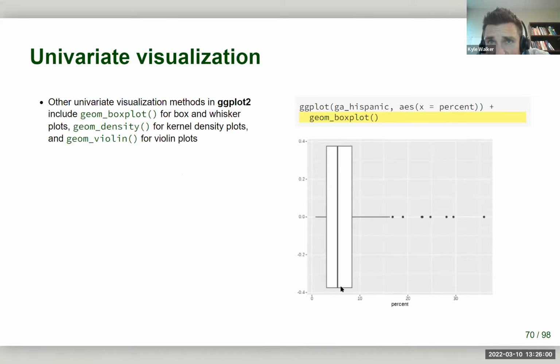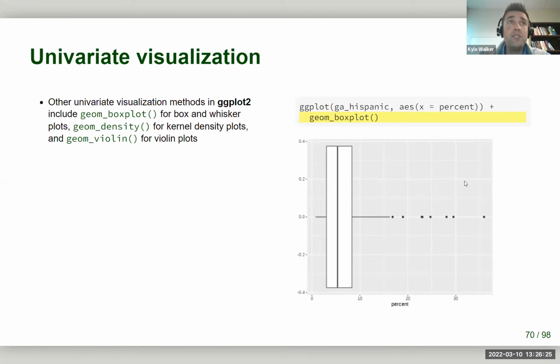So our median looks like it's a little over 5, and the interquartile range, so the 25% to the 75% mark. We then have whiskers, and then the dots beyond the whiskers are going to be your outliers.